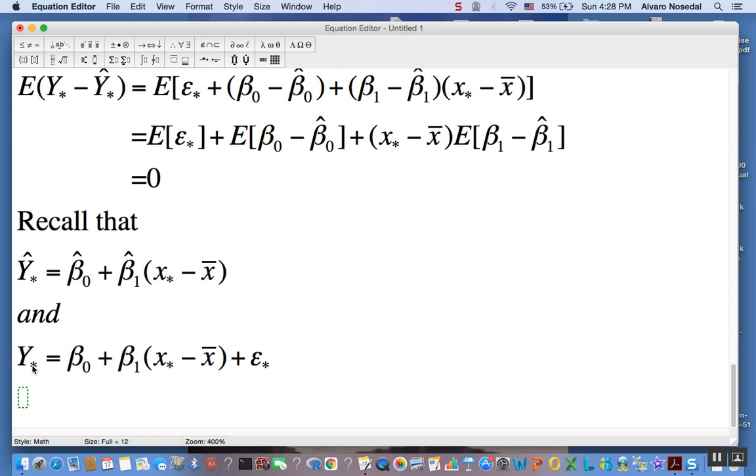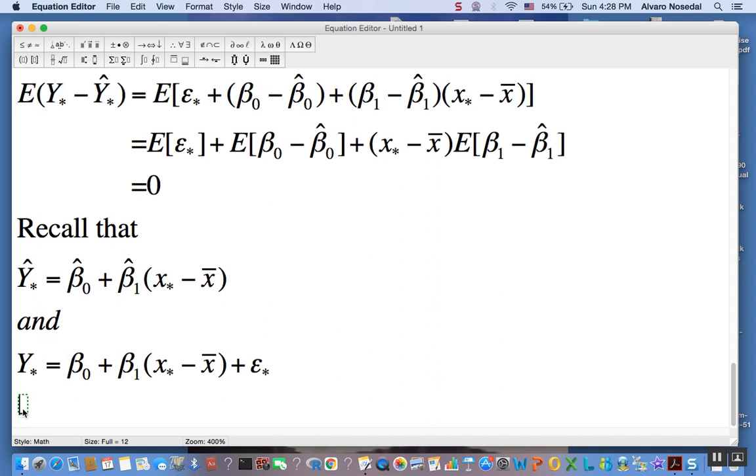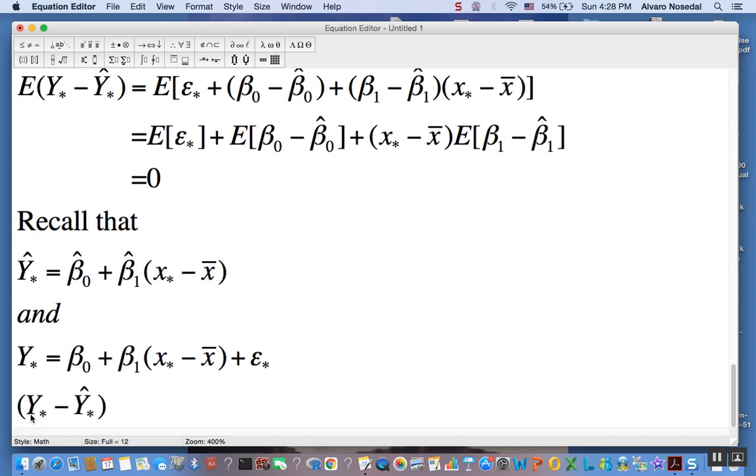So these guys are independent. So let's find the variance of the error. Now we want the variance.